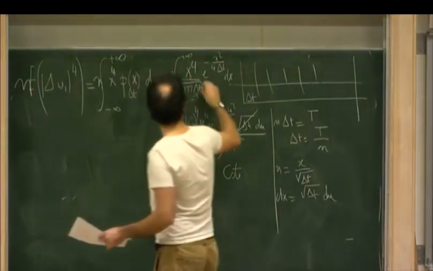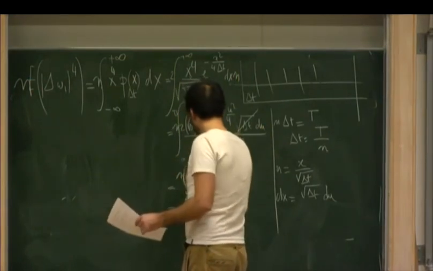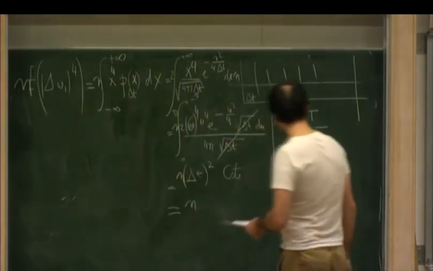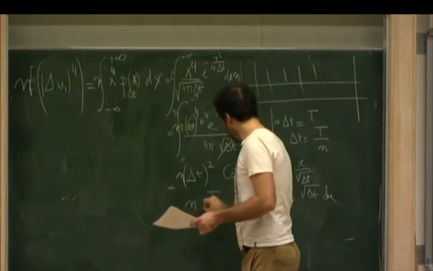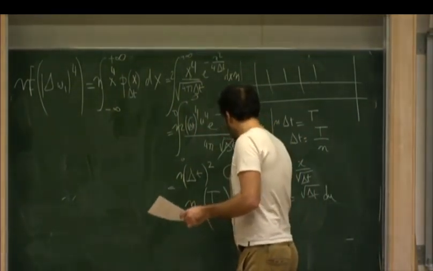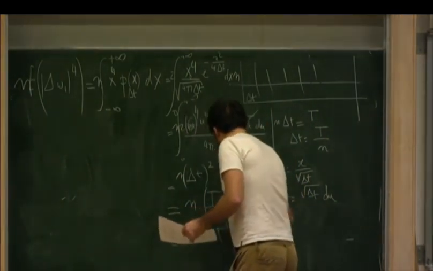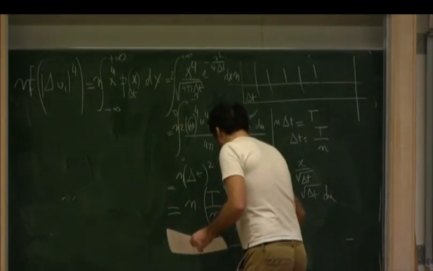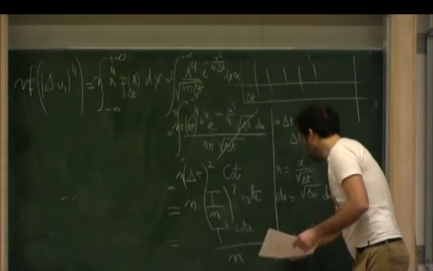So n times delta t squared is how much? It's T divided by n squared, multiplied by a constant, which is ultimately T squared times a constant divided by n. And this goes to 0 as n goes to infinity.